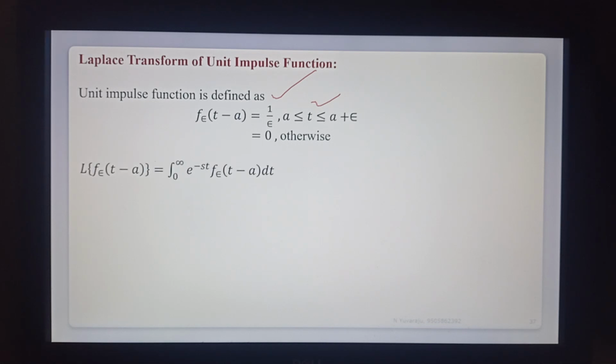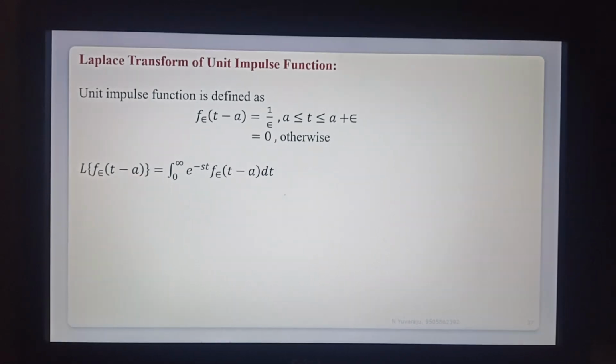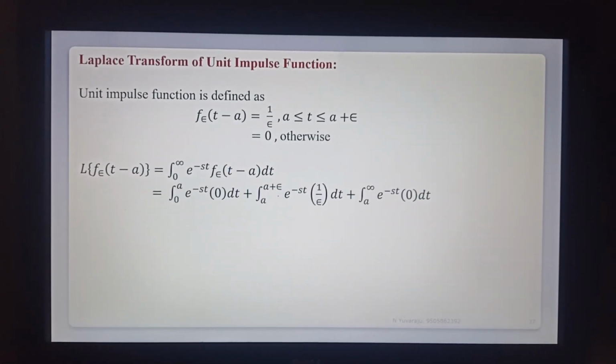So now finding the Laplace transformation. L of f of t minus a, epsilon, by using the basic definition of Laplace transformation. The given function is defined in cases. First, from 0 to a, otherwise condition, so f of t minus a is value 0.